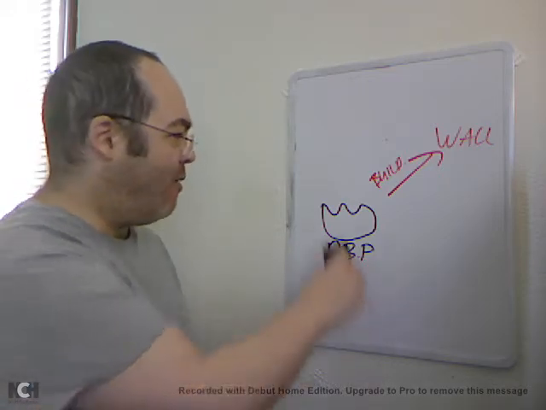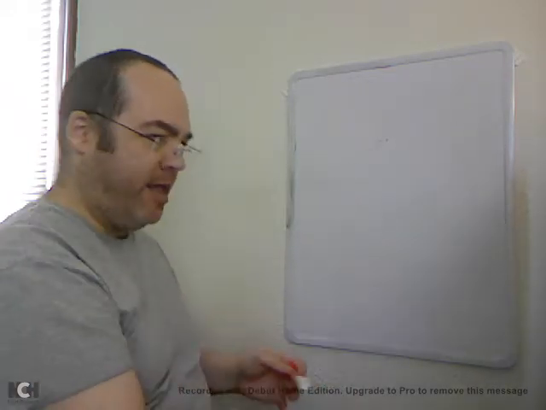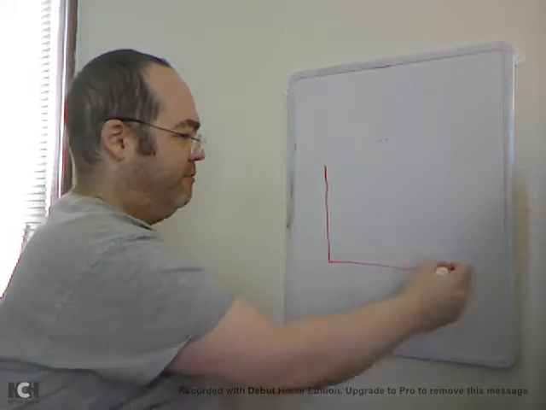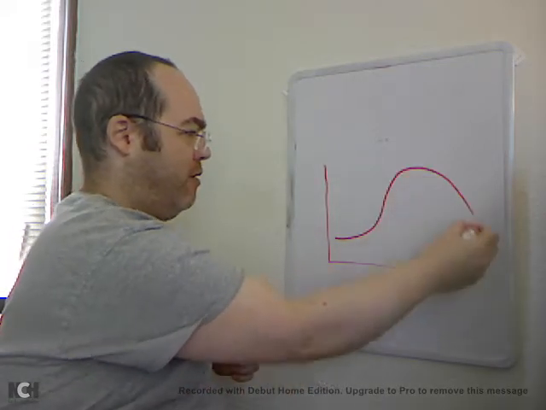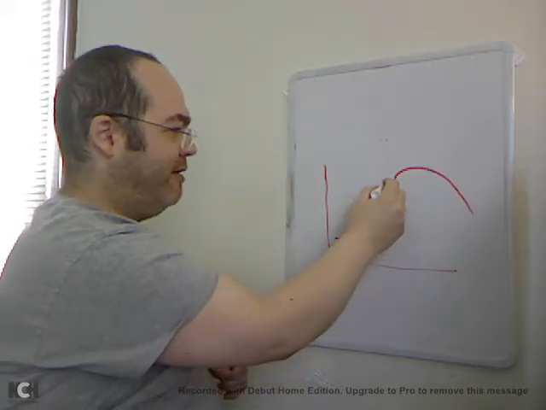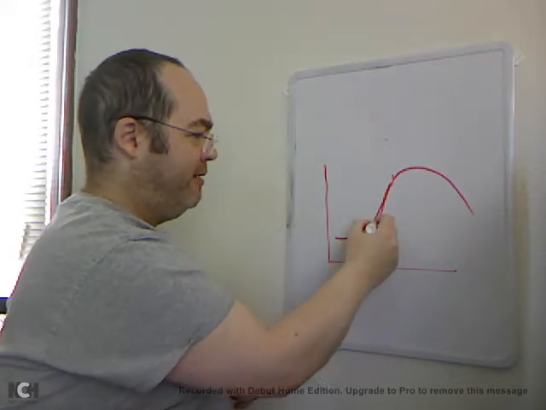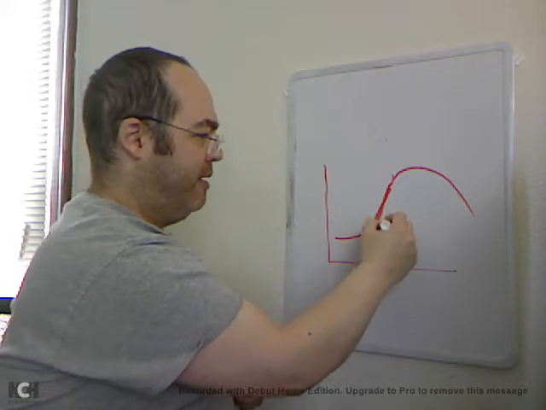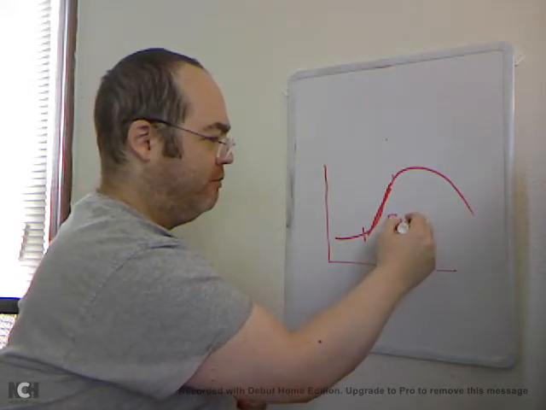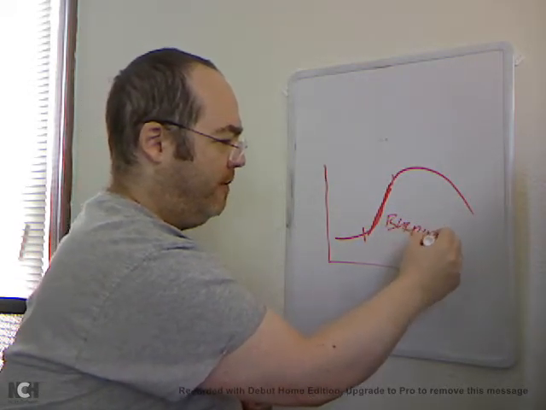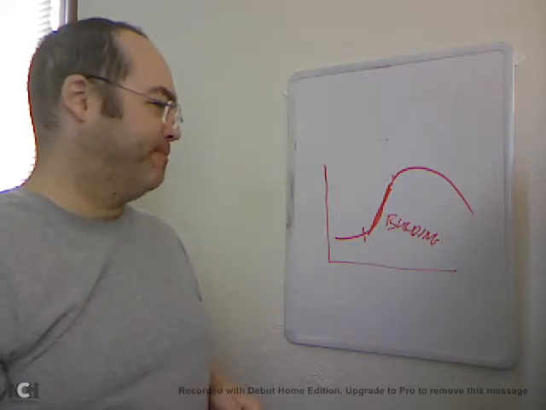We have our phases of bacterial growth: the lag phase, the log phase, stationary phase. It's in the log phase where most of the building part takes place.